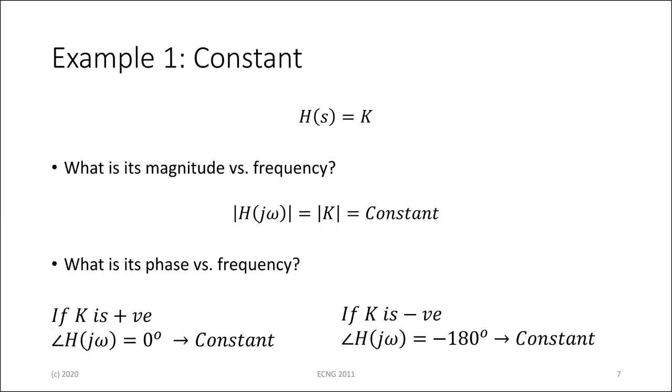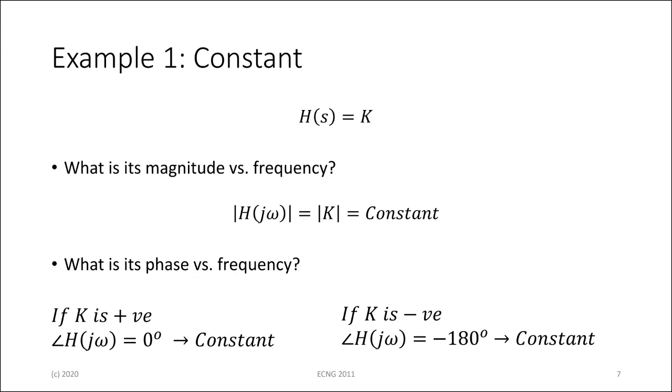If a system has a constant transfer function, so H(s) is a constant, 2, 100, 75, that kind of thing, right? What is the magnitude versus frequency?